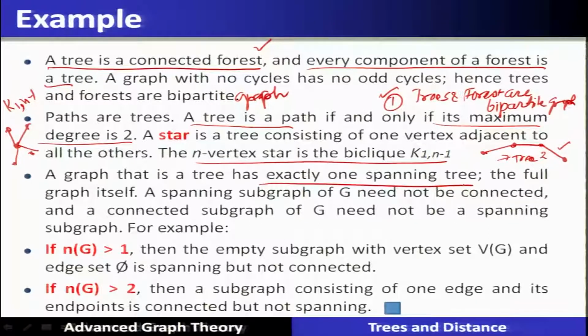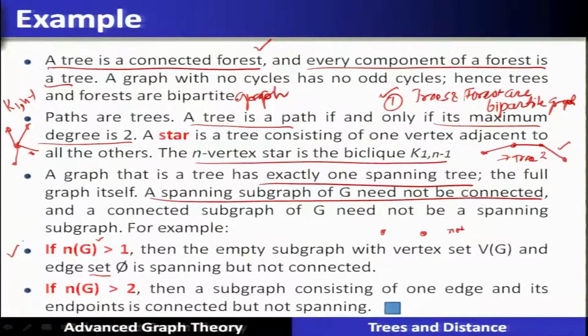For example, if the number of nodes in a graph is greater than 1, let us assume it has 2 nodes, then the empty subgraph with vertex set V(G) and edge set phi, there is no edge here in this example, is a spanning subgraph but not connected. So, a spanning subgraph need not necessarily be connected.